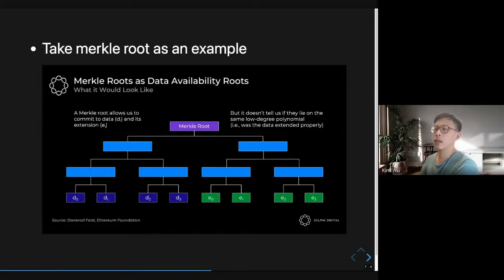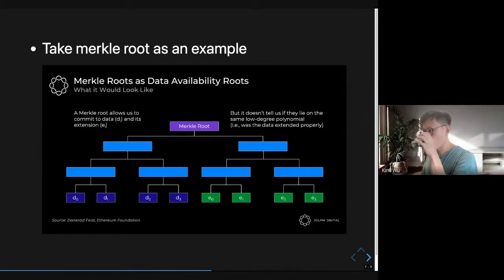And let's use merkle root as an example. So the purple ones, the four data, are original data, and the green ones are extended, which is erasure coded.